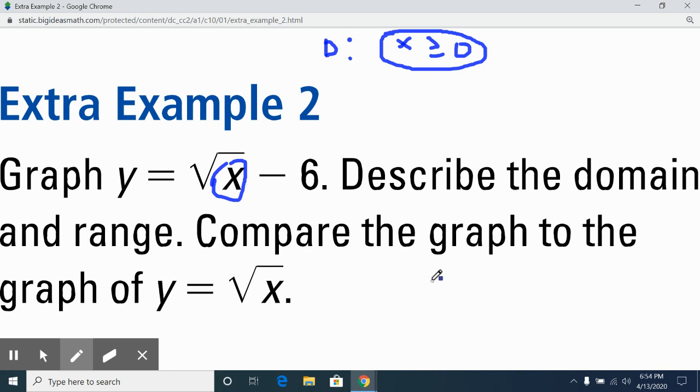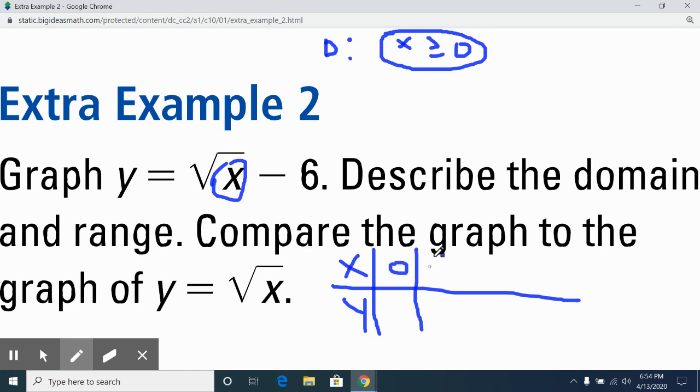Now to find my range, I need to plug in numbers for x to figure it out. So what I'm going to do is make my table. It might not be the neatest thing in the world, and I'm always going to start with this number right here. I'm going to choose a couple numbers, we don't need to go crazy, using numbers with perfect squares, and plug them into this function.